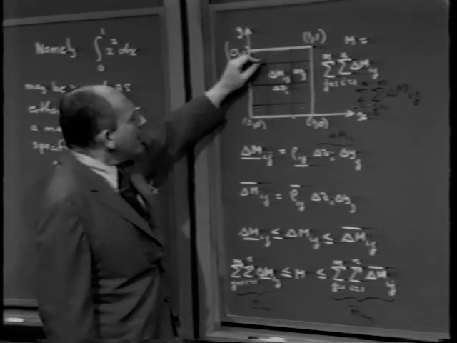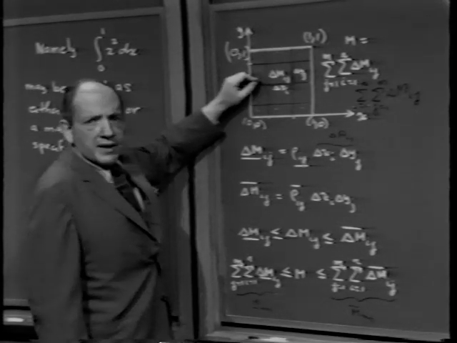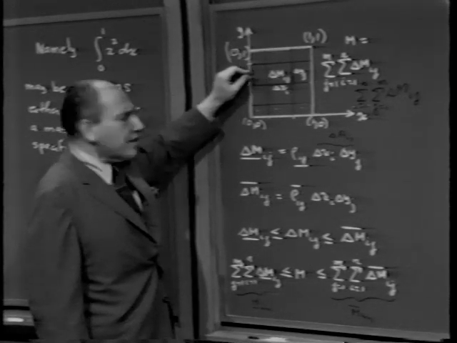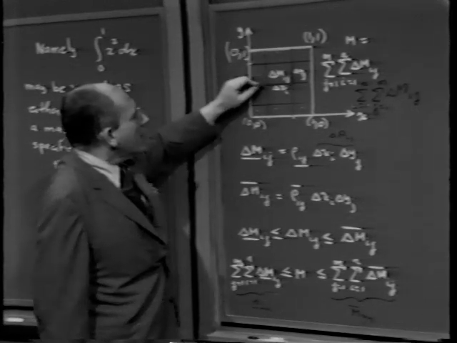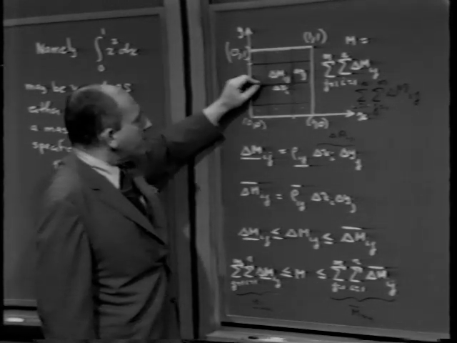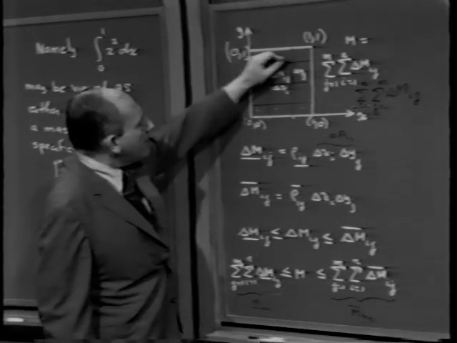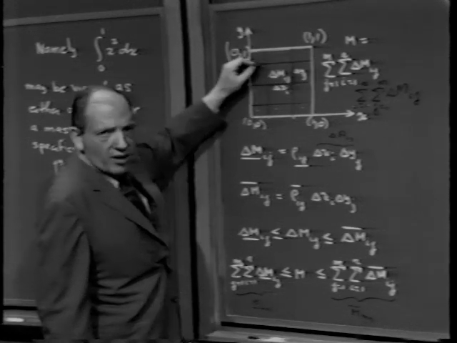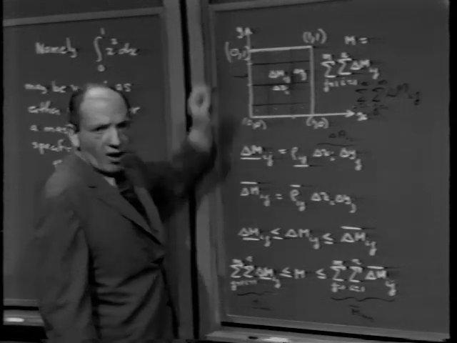We then imagine that we had replaced this little segment by the same area, but with a material which had a constant smallest density, so that the true mass must be greater than the mass of that piece. And then we assume that this little piece was replaced by a new piece with the same shape, but whose density was constantly equal to the greatest density on this, so that this particular mass must be less than the mass of the new piece.